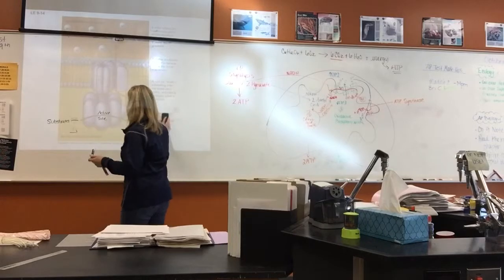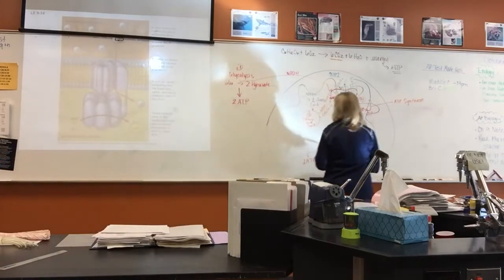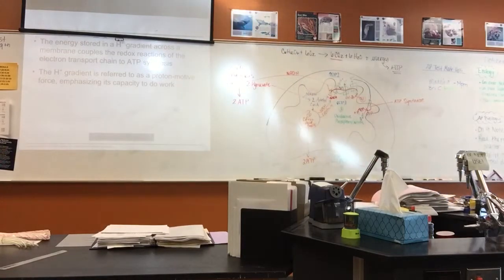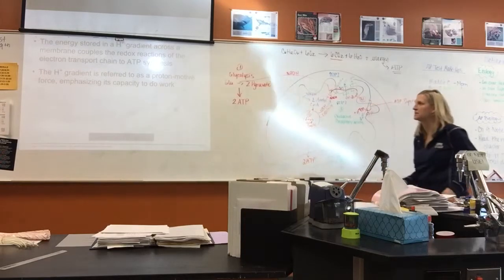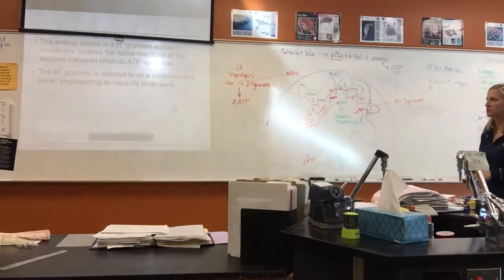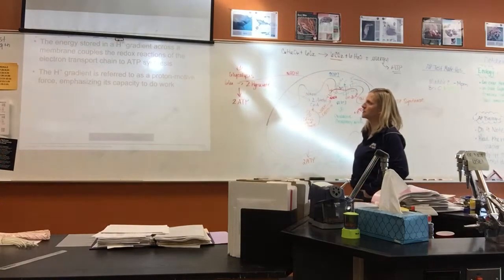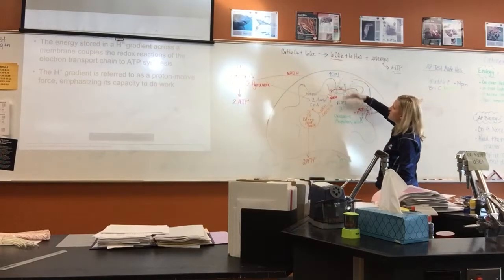Alrighty, so if we look at the next slide here, the energy stored in a hydrogen ion gradient across the membrane couples the redox reactions of the electron transport chain to ATP synthase. And that H plus gradient is referred to as a proton motive force, emphasizing its capacity to do work. So what the electron transport chain creates is this gradient.